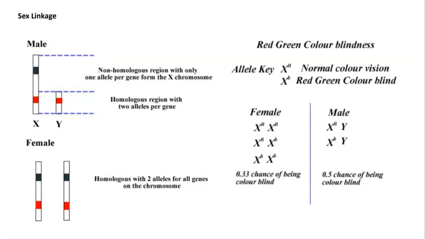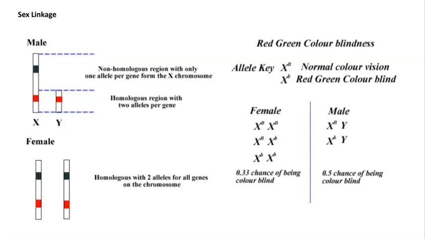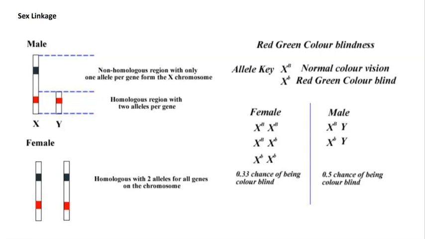Working on the basis of the two versions of biological sex, we have the male here and the female here, and diagrammatically I'm showing the two chromosomes aligned with each other.